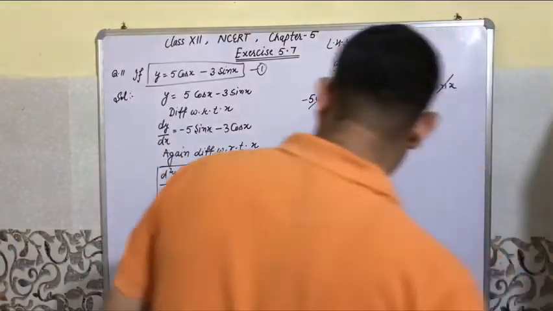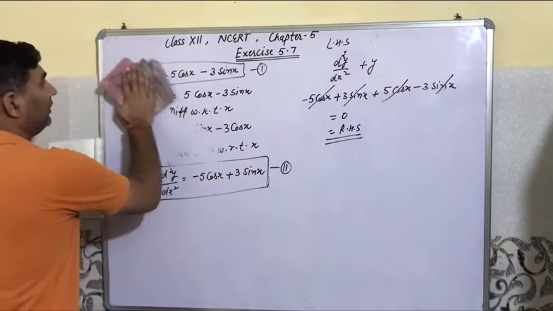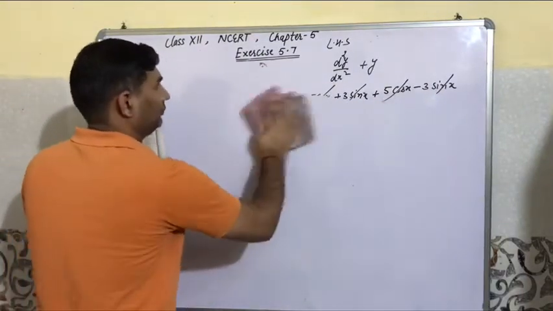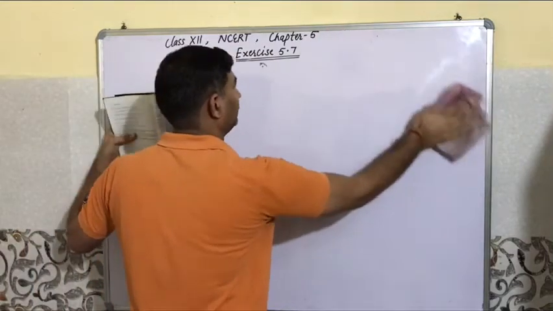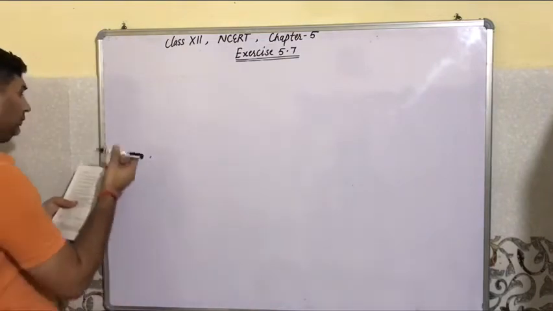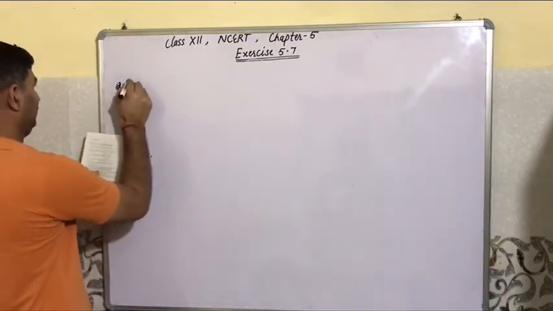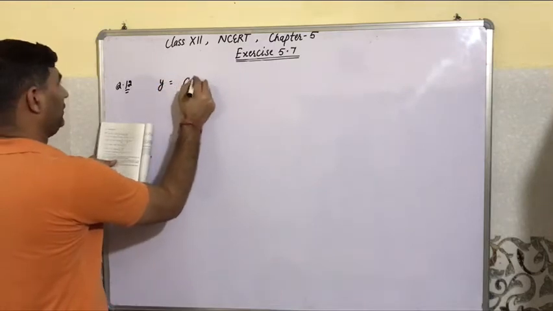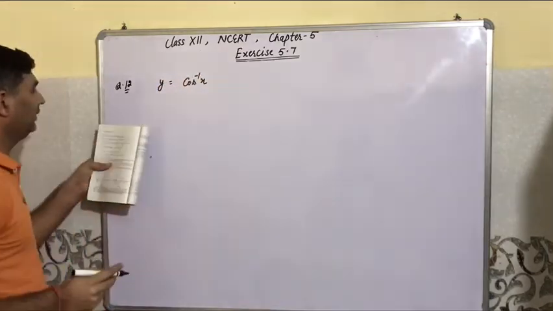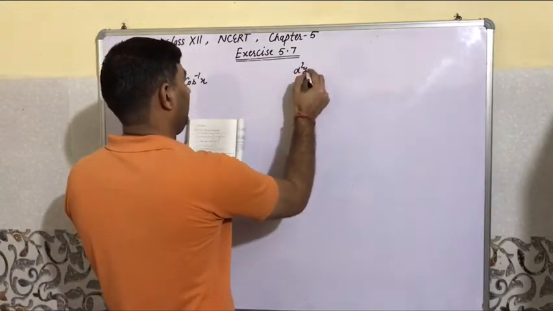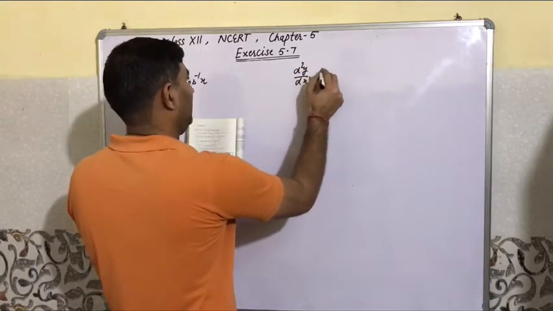Now, question number 12. y is equal to cos inverse x and find d square y upon dx square in terms of y.